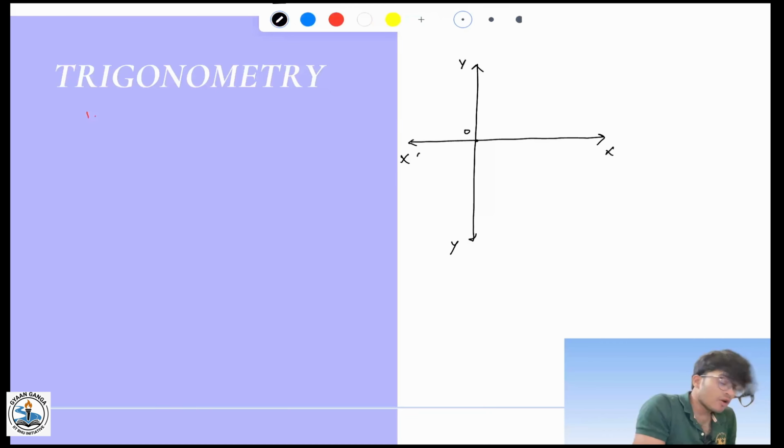If you are familiar with the number line, all the real numbers that we know can be found on X dash O X. Another number line is set mutually perpendicular to X O X dash, which is the y.